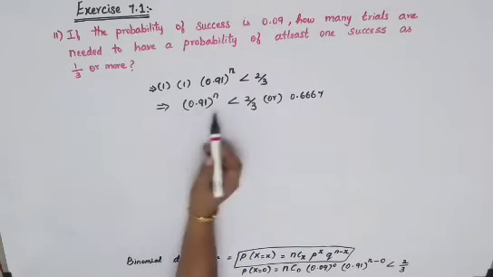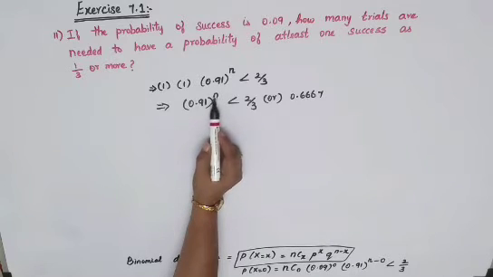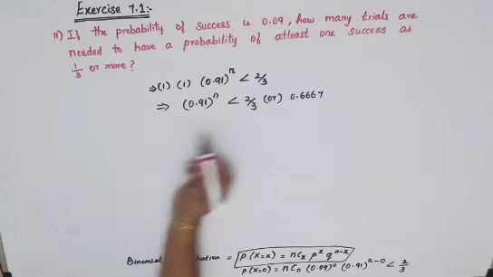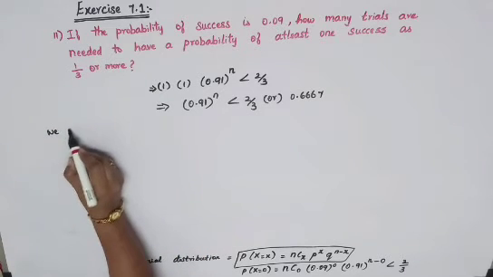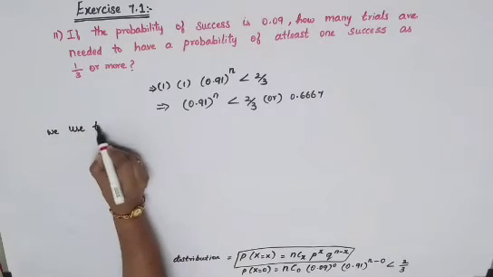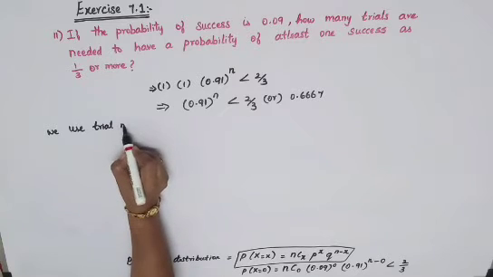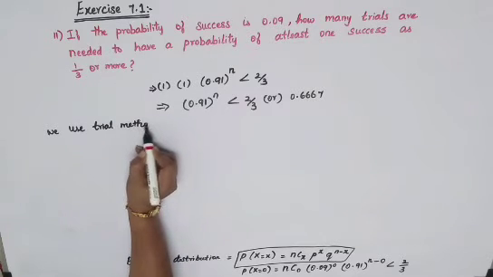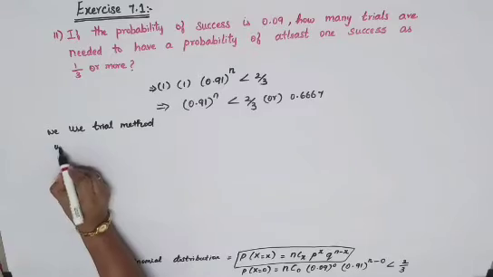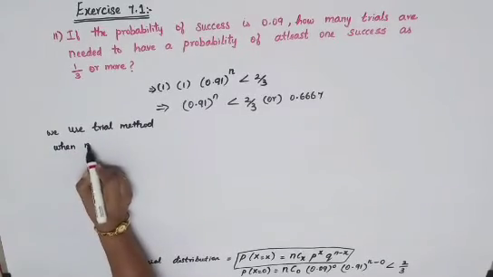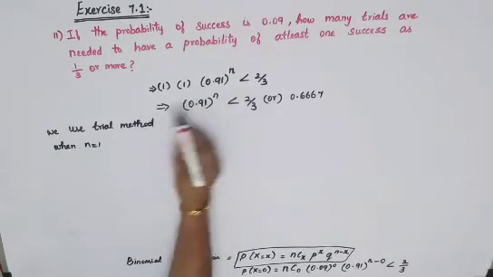Now we have to use the trial method, that is give the values for n, 1, 2 like that, then see where it satisfies. So we use the trial method, that is when n is equal to 1. In this place you will have to substitute it.